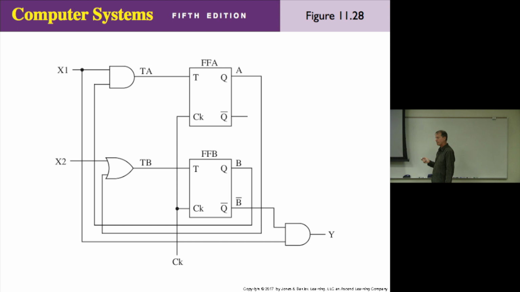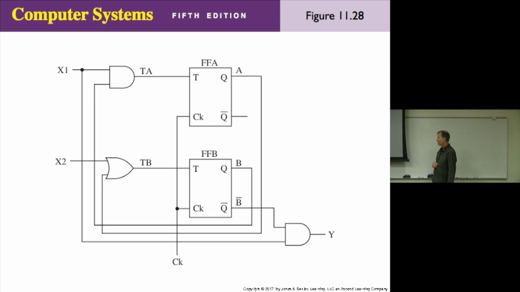What input signals are coming into this? X1, X2, and the clock. We assume that the clock is coming in and going into the clock inputs of all the state registers simultaneously, so when we say input, we don't really count the clock. And how many outputs does this circuit have? It has 1, labeled Y.